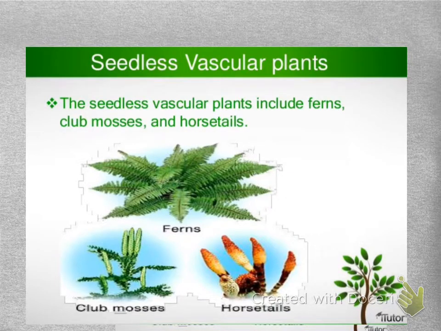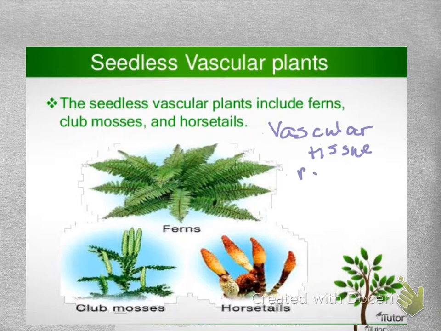Then we can move on to the seedless vascular plants, and they're classified by some specific common characteristics. Those characteristics include that they all have a vascular tissue. There's one. That's what allows the water to get from one place to another, or the nutrients to get from one place to another.